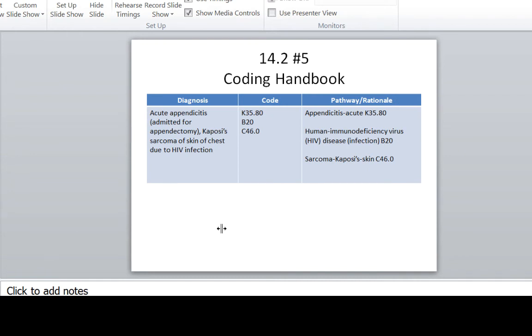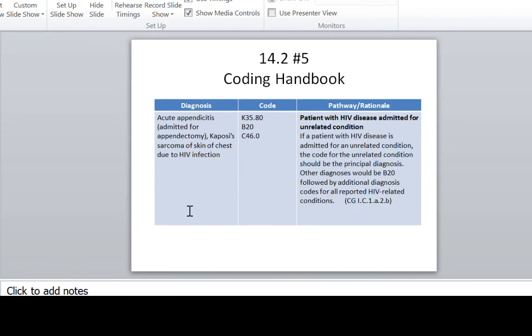Here's an example of a patient admitted for an unrelated condition who also has AIDS. The person has acute appendicitis. This comes under this code, K35.80. The B20 is the AIDS, and then the C46.0 is the sarcoma. And here's your pathway to get to those codes.